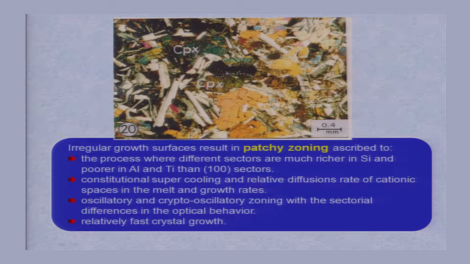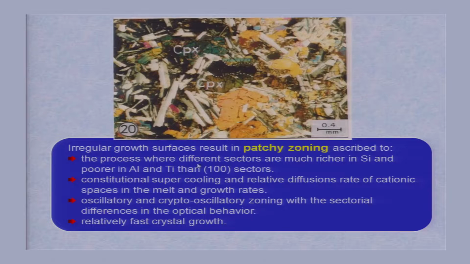When you rotate the stage, you may find this crystal behaves differently optically. And the last implication is relatively fast crystal growth. This kind of patchy zoning is attributed to fast crystal growth.